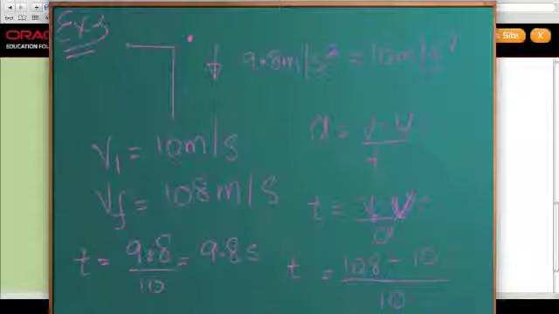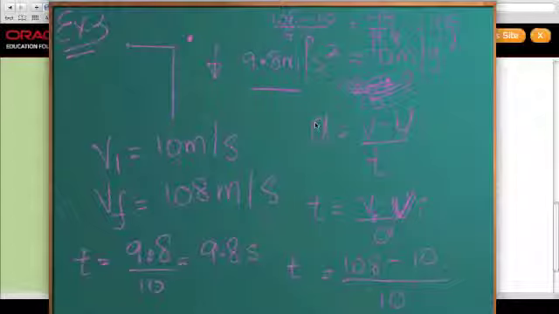If you take the more accurate value, it would be 108 minus initial velocity 10, divided by 9.8. This would become 98 divided by 9.8, which would simply be 10 seconds.